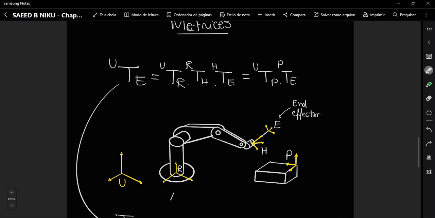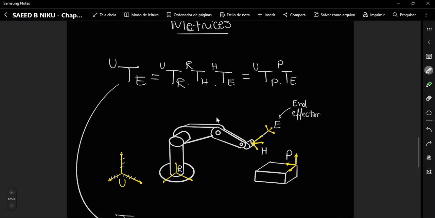and the position of the base of the robot in relation to the reference system U, and this is a reference system, means that we have coordinates right here that we can write for this other reference frame.